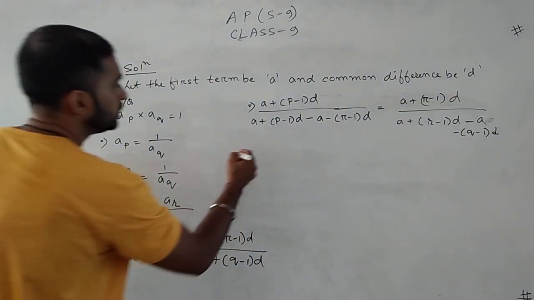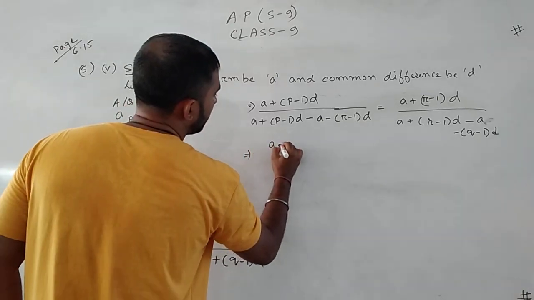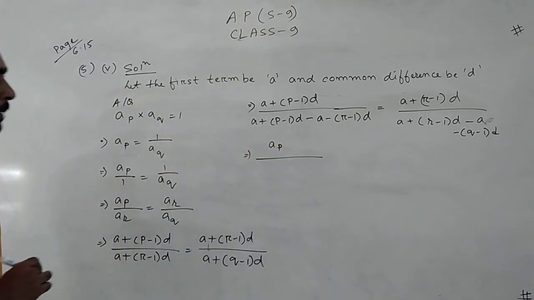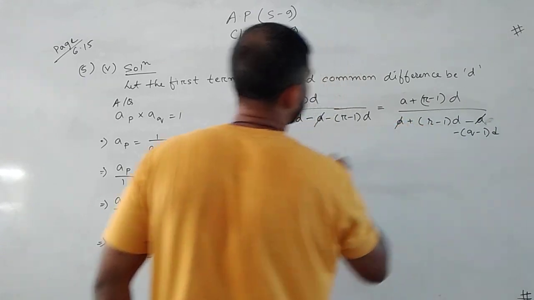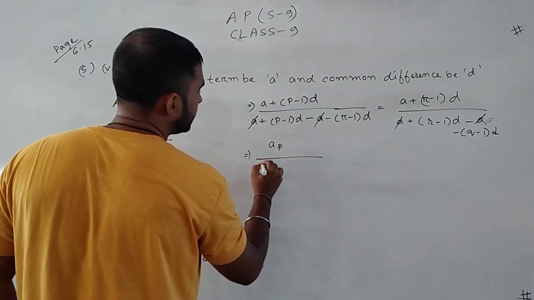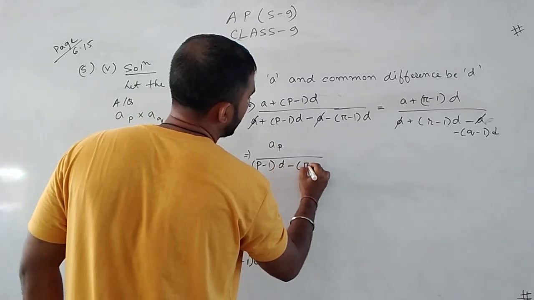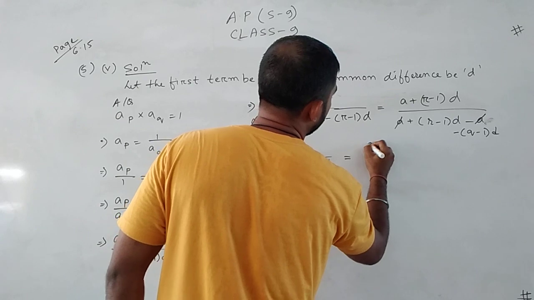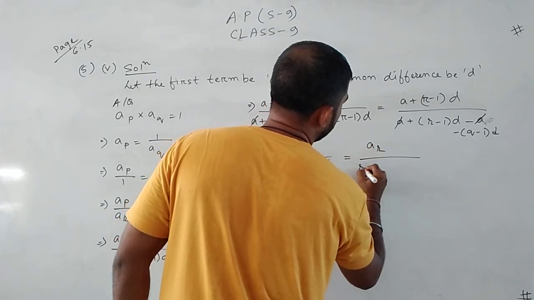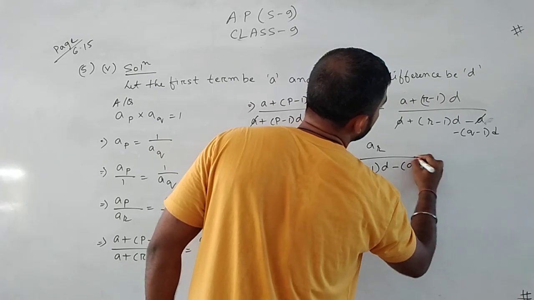Got it? Now numerator a plus (p minus 1)d is AP, the pth term. In the denominator, a cancels, so the remaining terms are (p minus 1)d minus (r minus 1)d, and on the right numerator AR, the rth term, and denominator (r minus 1)d minus (q minus 1)d.